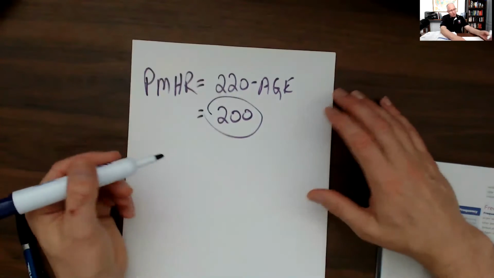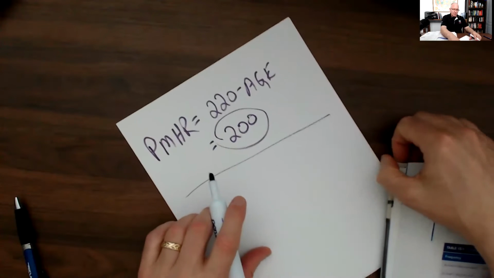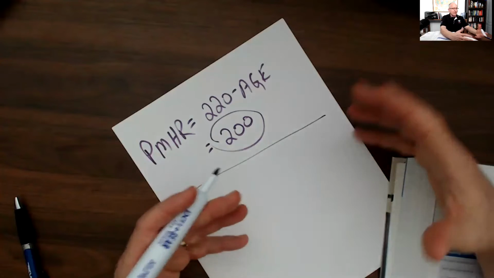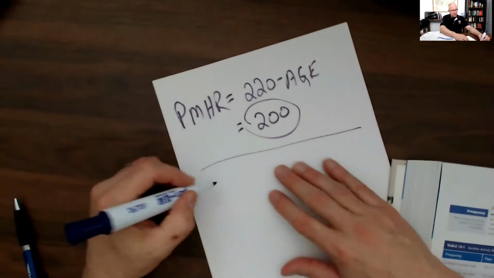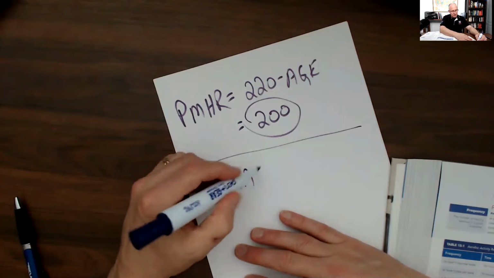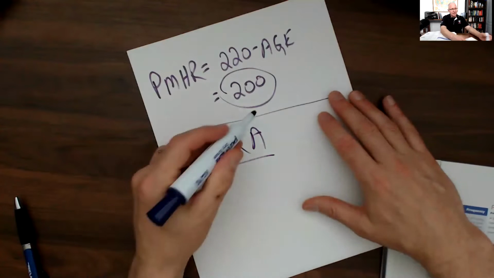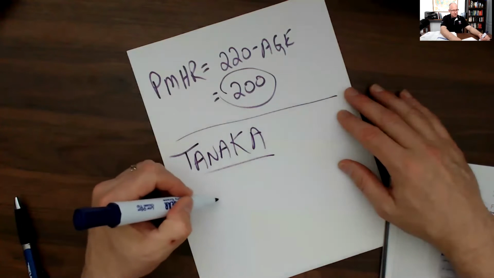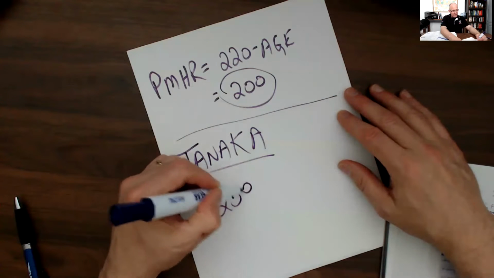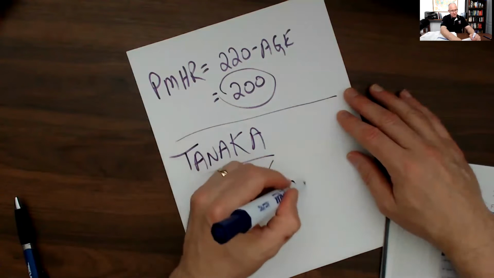However, there are other equations, and the more accurate way to do it is to use what we call the Tanaka Formula. The Tanaka Formula is going to get you very close, but basically it's going to be 208 minus 0.7 times your age.